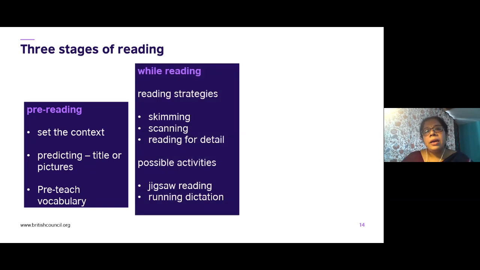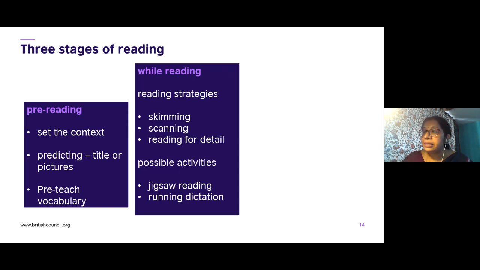Now, while reading, there are some reading strategies that we usually employ. We sometimes skim the text, that is just reading quickly for gist, for understanding what is the main idea behind the text that we are reading.